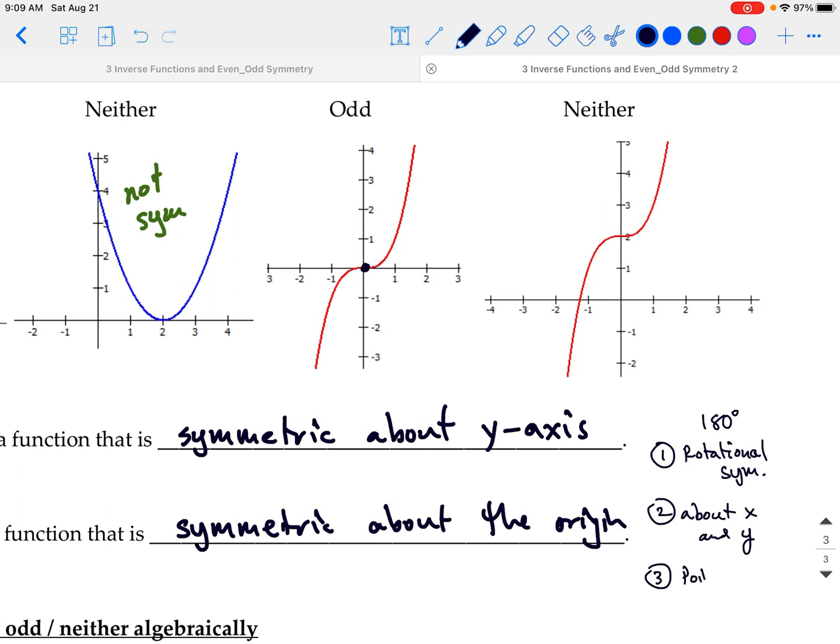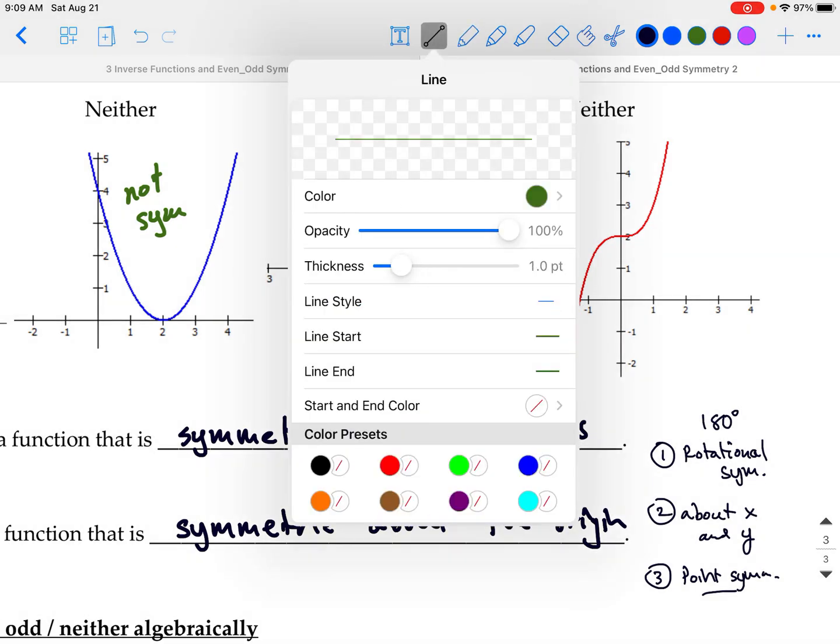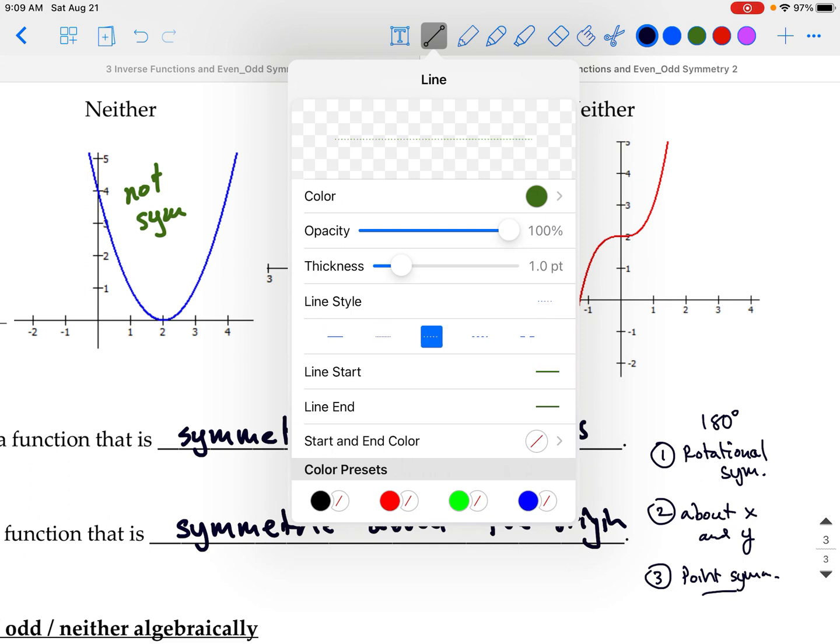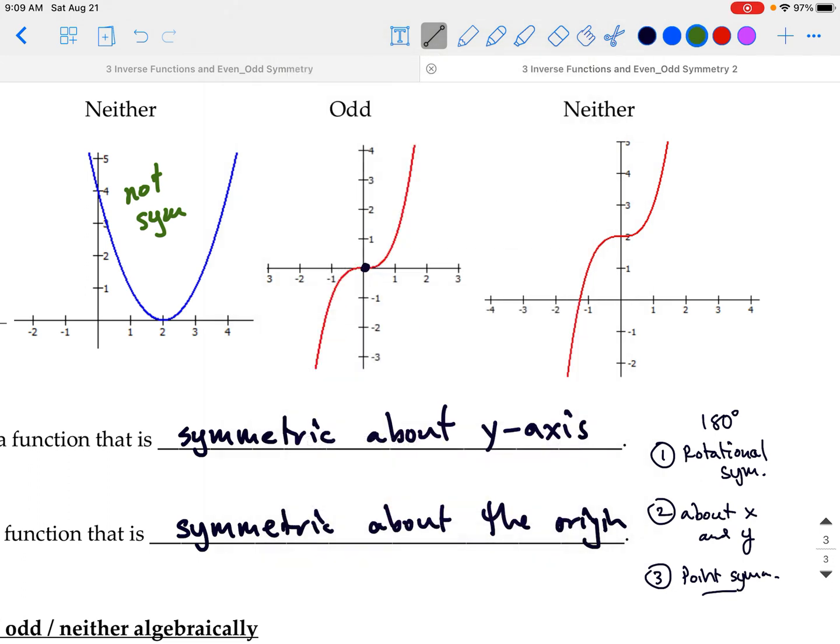And then 3, the last one, is what we call point symmetry, which is if I constructed a line that's going to pass through the origin, let's say, then the length on this side and the length on this side that are touching at those points are going to be congruent segments, meaning that any point on our curve is going to be equidistant from its opposite point.